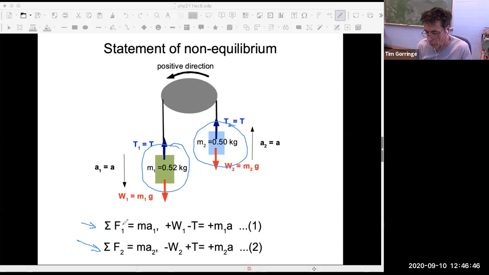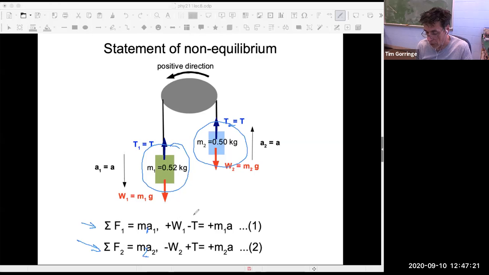So the sum of the forces on the block on the left, I should have put a 1 here, actually. There should be a 1 here and a 2 here. The sum of the forces determines the acceleration of the block on the left. And likewise, the sum of the forces on the block on the right determines the acceleration of the block on the right. And so I then just filled in my particular forces for this arrangement of two blocks and a pulley.